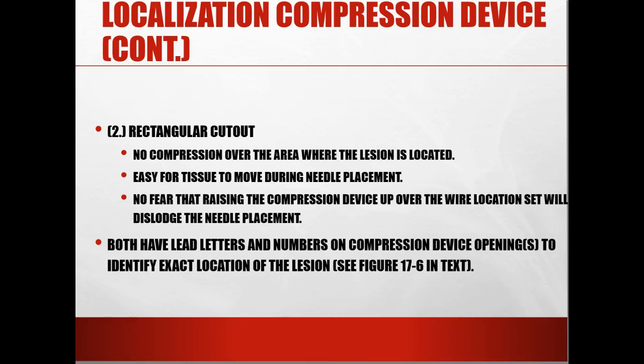If you look at the image, and you can see it better in your text, of the one with just the rectangle, the tissue kind of pillows up. It kind of bulges out of that large rectangle area. And therefore, there's going to be more tissue for the radiologist to go through. It's just easier to work with well-compressed tissue. So I prefer the one with the little circles. You can take a look at that when you look in the book.